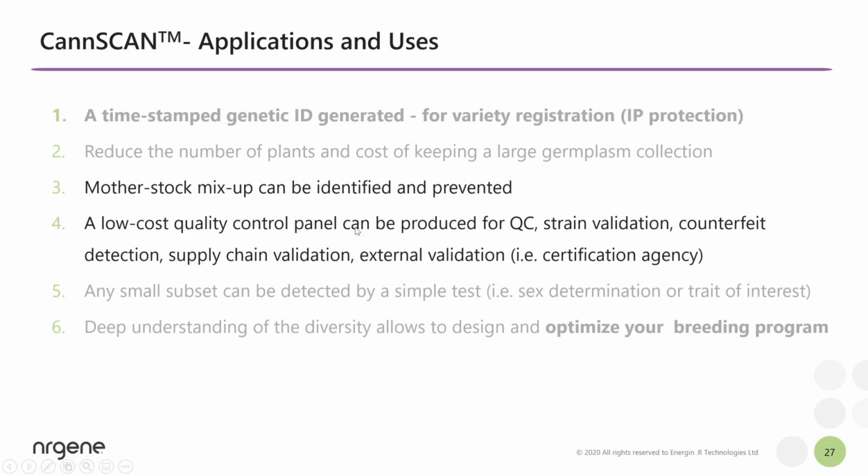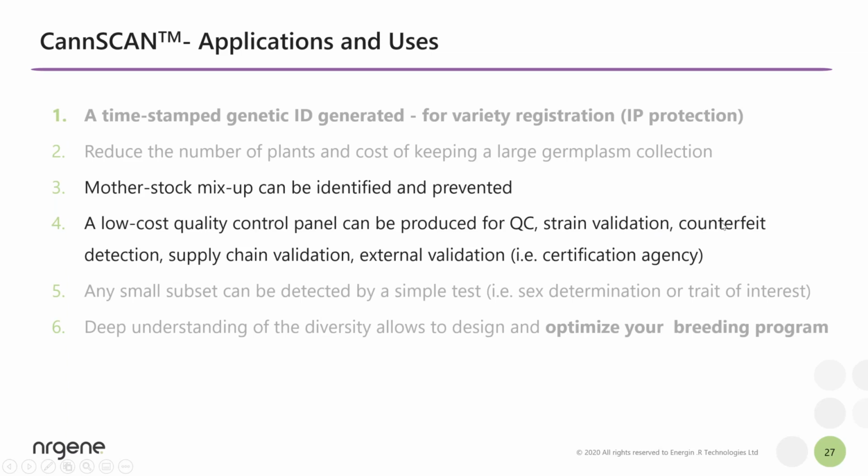So the next of the uses and applications of CannSCAN is production pipeline QC, quality control, where the mother stock mix-up that I mentioned can be identified in early stages and prevented. And you can have a low-cost quality control panel, either the entire panel or a subset of that, used for QC purposes, strain validation, make sure that batch-to-batch consistency exists. Detect counterfeit.